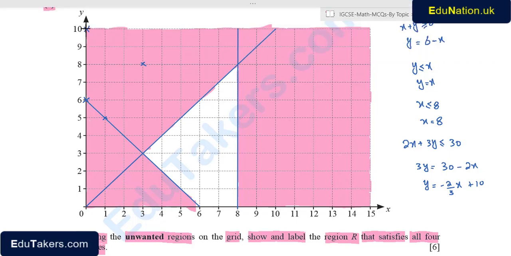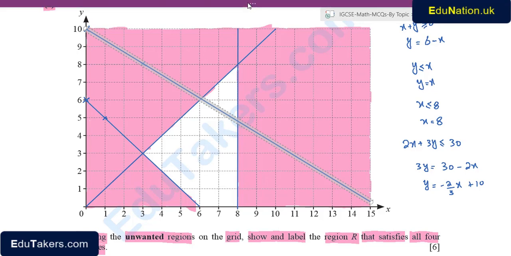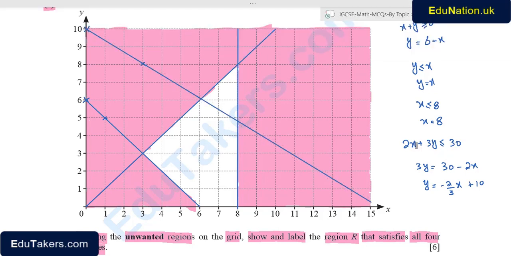This will be passing through these 2 points. And 2x plus 3y is less than or equal to 30, so the unwanted region is above this line.